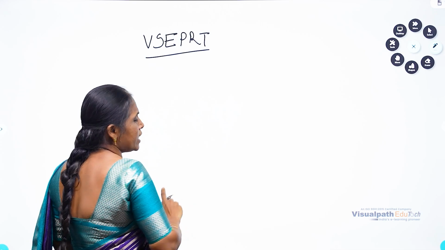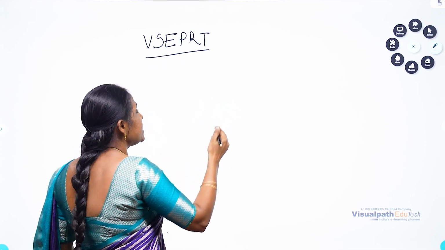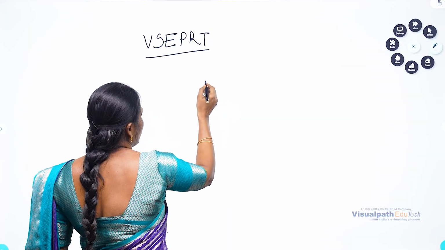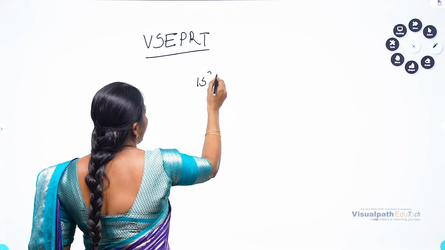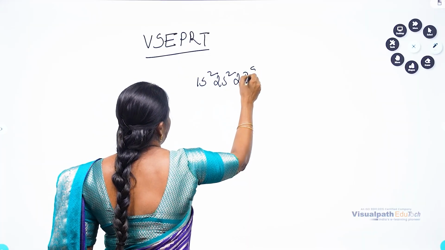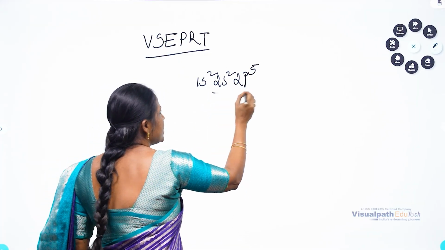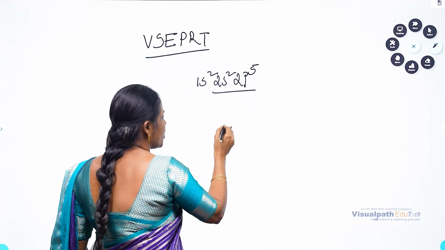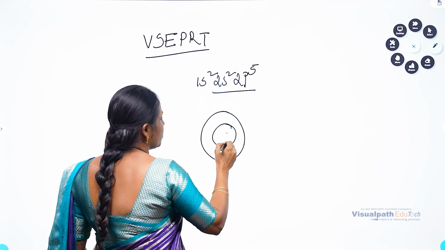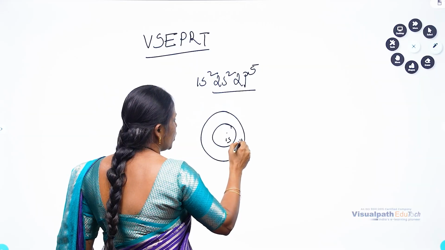So, this theory mainly explains based on the valency electrons. For example, we take 1s2, 2s2, 2p5 or anything. So, here it is the valency shell. It is the central nucleus, it is the 1s and the 2s and 2p.